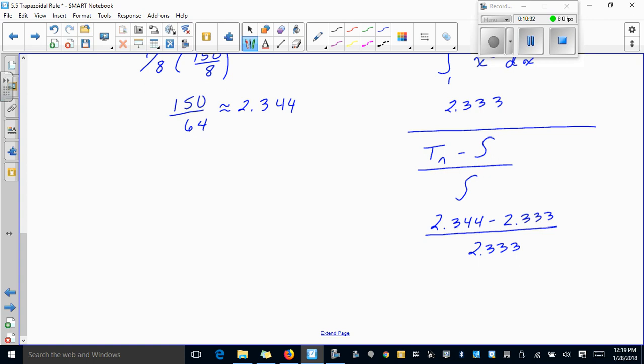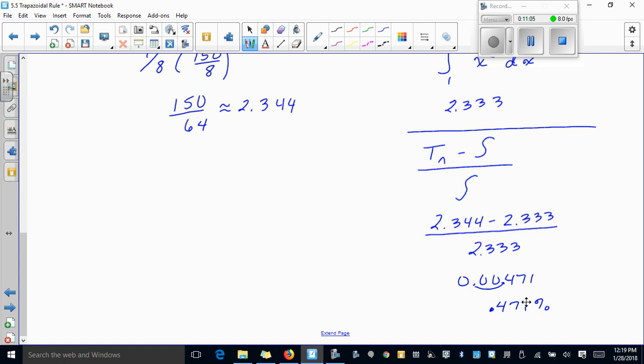Divide that by 2.333, and you get 0.00471. If we move our decimal over, then it's going to be 0.471%. So that's how much of an overestimation it is by basically 47 hundredths, which is not a whole lot. And so it's a very good estimation. We have a really good estimation here.